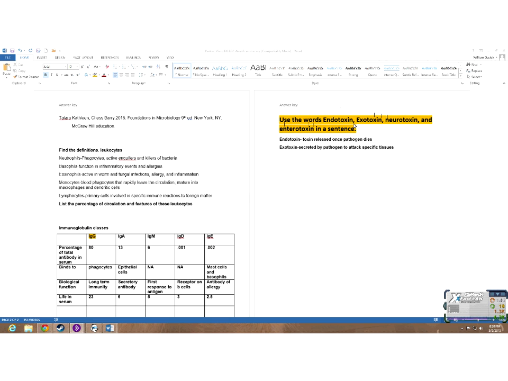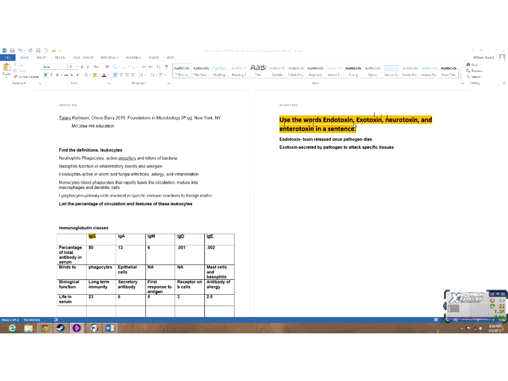Yes, entero and neuro go with exotoxin. Endotoxin is by itself because endotoxins don't attack anything specific. Enterotoxin attacks the GI tract, so it's an exotoxin because it attacks something specific. Neurotoxin attacks the nervous system, so it's an exotoxin because it attacks something specific.